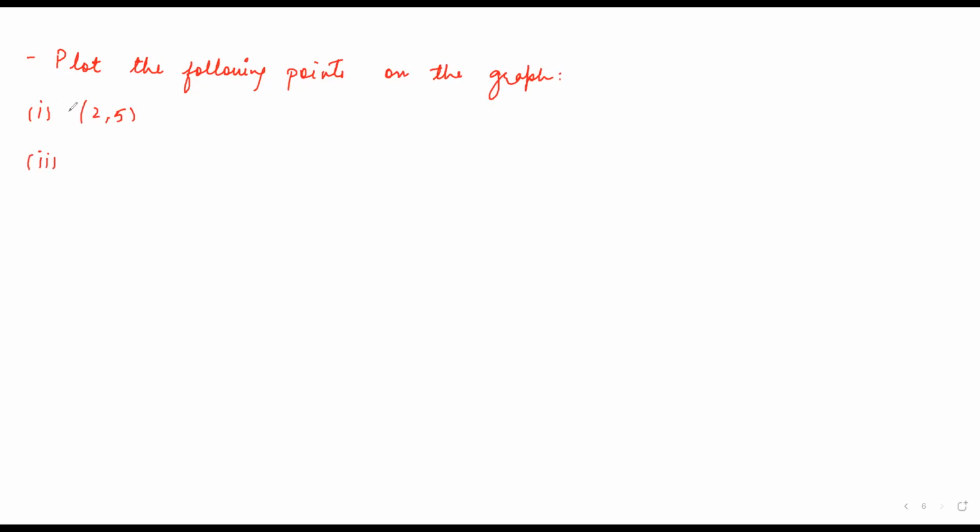You can give it some name, just to highlight on the graph paper, and you will name it like this. For example, this is your point, right? 2 and 5. So you will write it like this: A (2, 5), right? This is how you will write it. Obviously, it will be in the first quadrant. So this is your point A (2, 5).